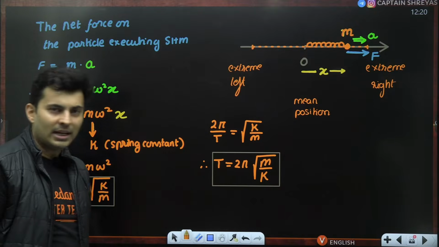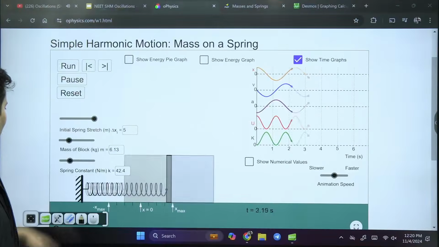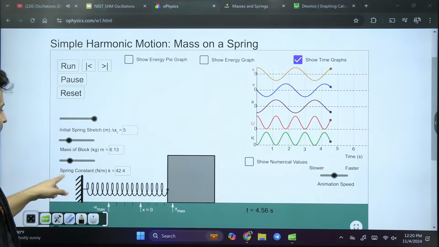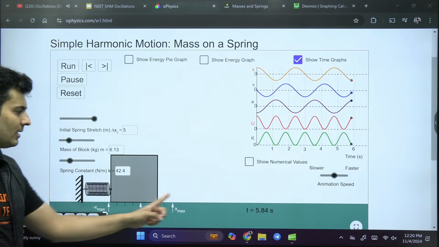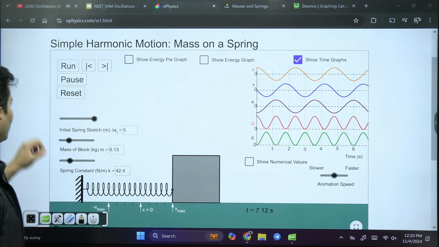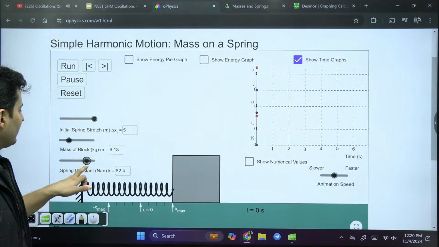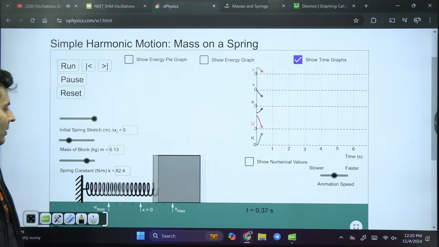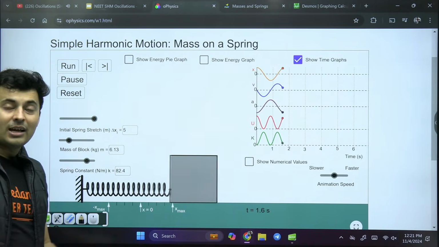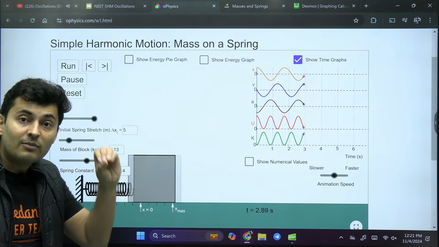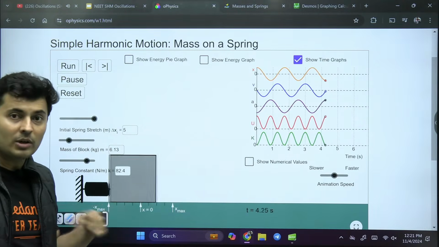Now let's see what happens when I change k. Look at this. It is going back and forth now. It is taking some time to go back and forth. Let's reset this and let's increase the spring constant. See what will happen. If k increases, time will reduce. It will come back very quickly because the spring is stiff.